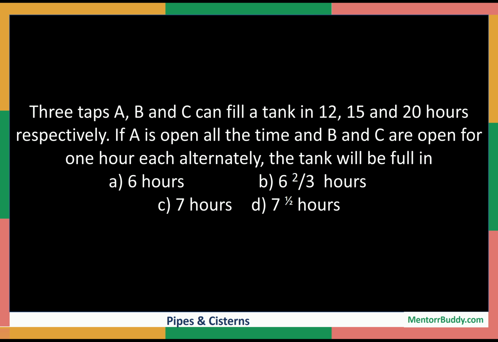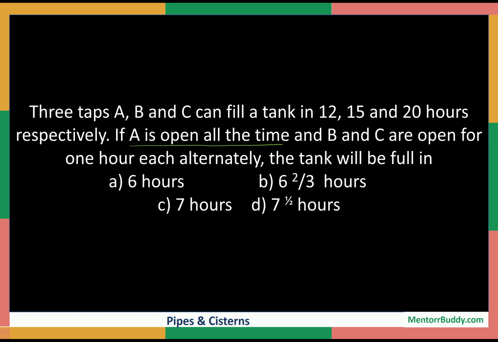Okay, so this is a question based on alternate pipes, that is one after the other. What is happening in this question, we will understand it. Pipe A is open all the time.